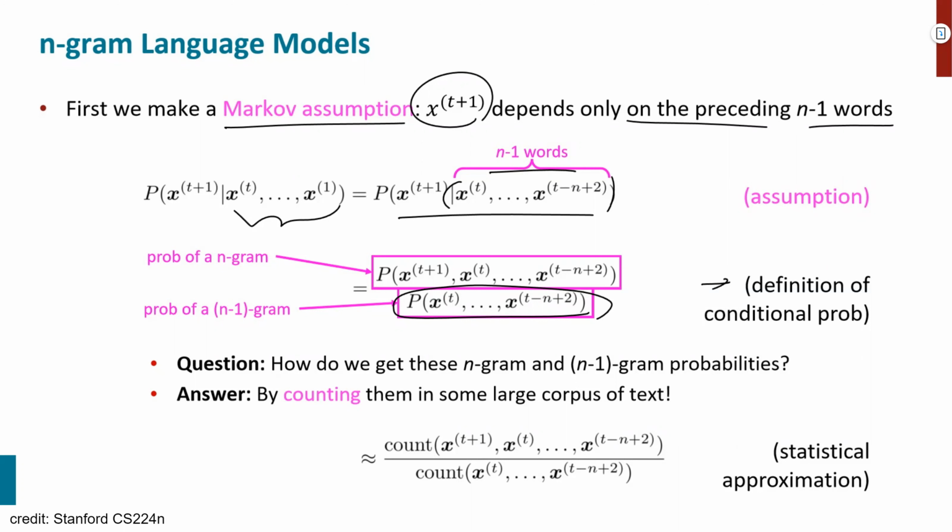The denominator is the n-1 gram and the numerator is the n-gram. And how do we calculate these probabilities? We can't exactly. So what we do is we just count them in some large corpus of text and we approximate the probability. That's what we do.